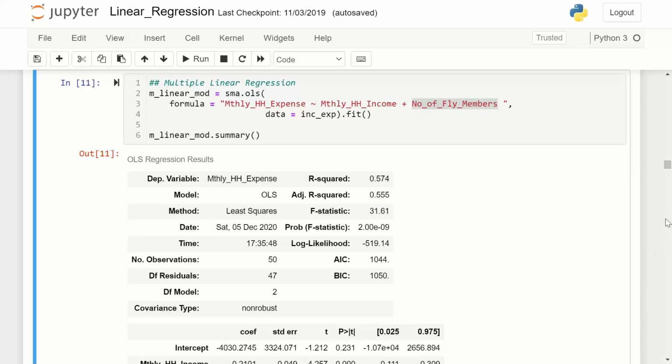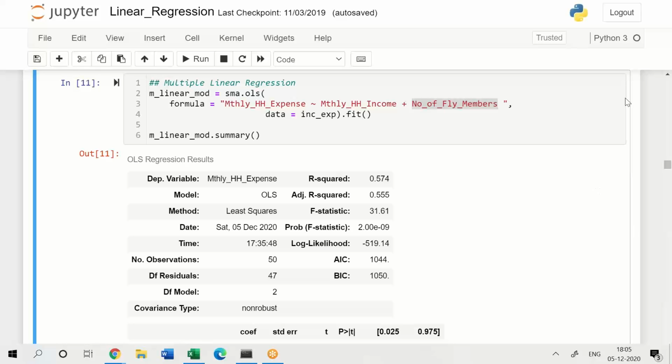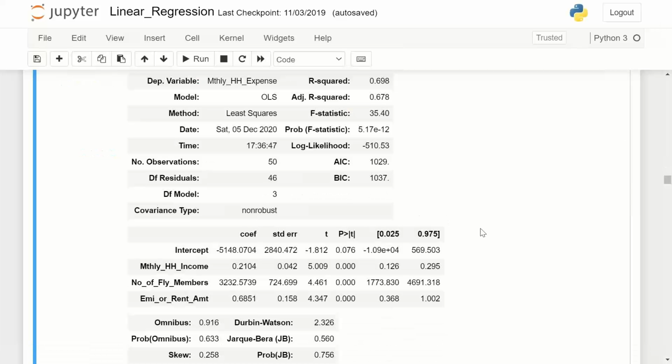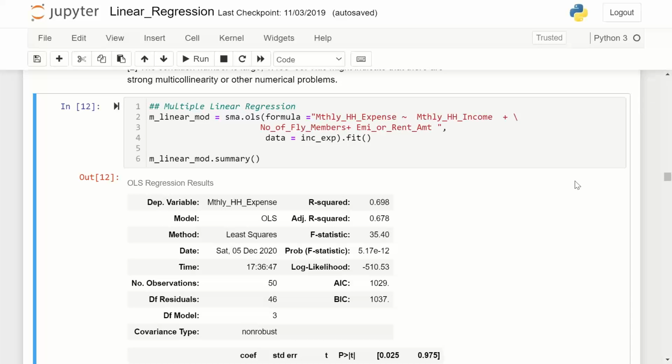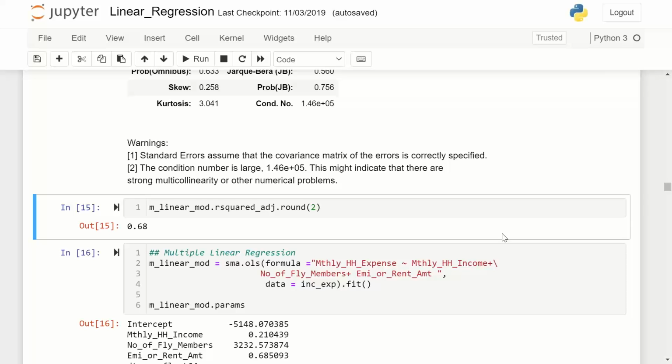By adding only one variable, we see there is an increase in R square. By adding one more variable, we see there is a further increase in R square. From 0.42 R squared, we have reached 0.698. That is almost 70%. And we have adjusted R square. What is this adjusted R squared? Why is adjusted R square seen? We'll see all of these in our upcoming session.